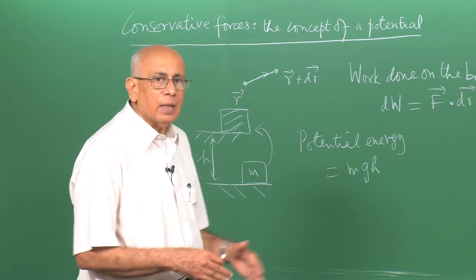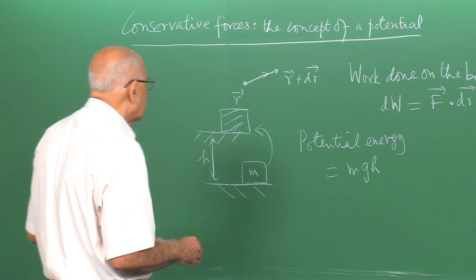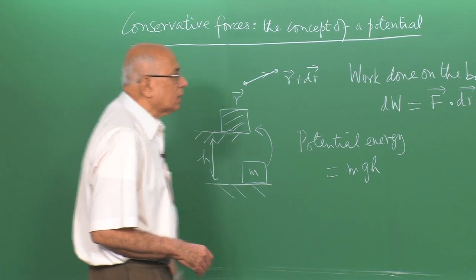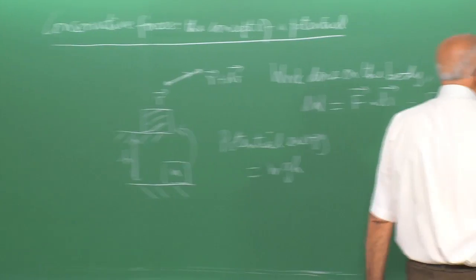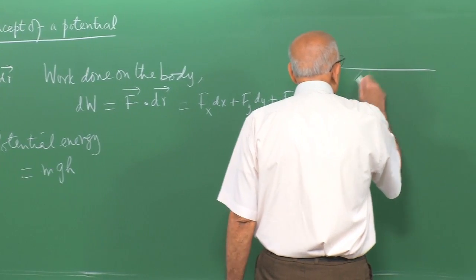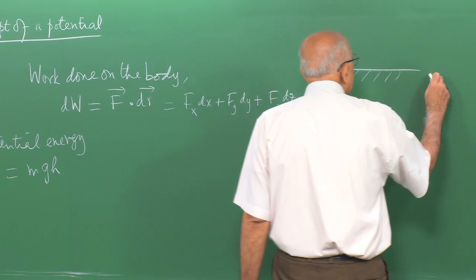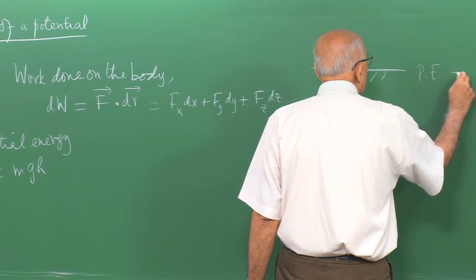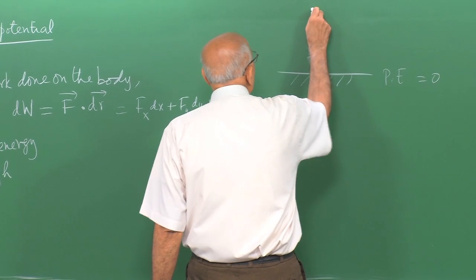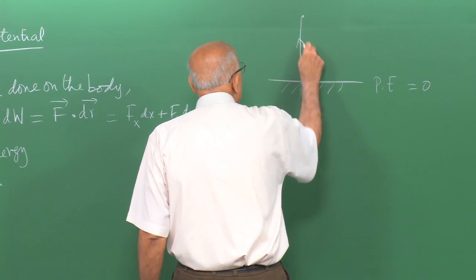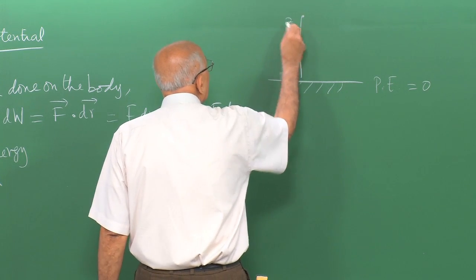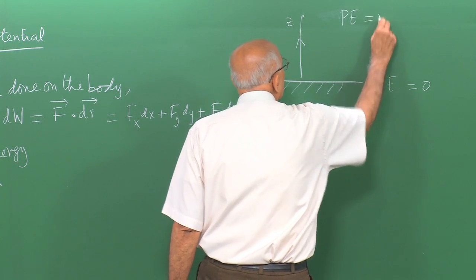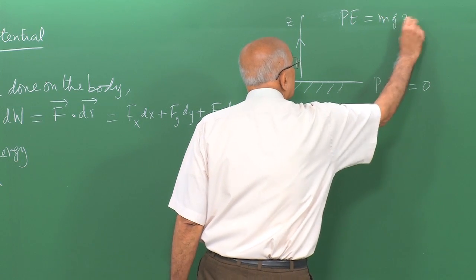Now what the concept of a potential and conservative force is going to do is to make this much more general, as we will see, and we will do this by a sequence of examples of various kinds. Taking this example itself to start with, what it implies is that if you have the ground level and I say that the potential energy at this point is 0, on the other hand at a height z, let's put the z coordinate in the vertical direction above the ground level, the potential energy PE equals mgz.